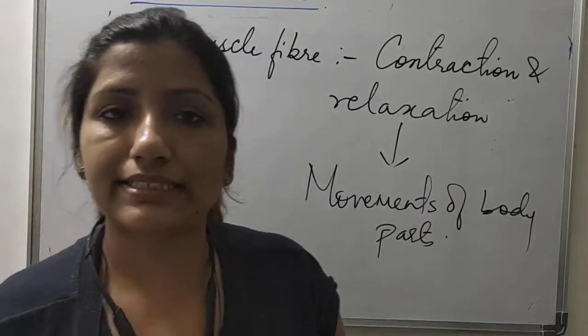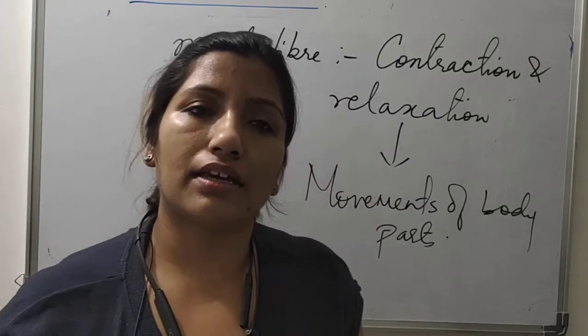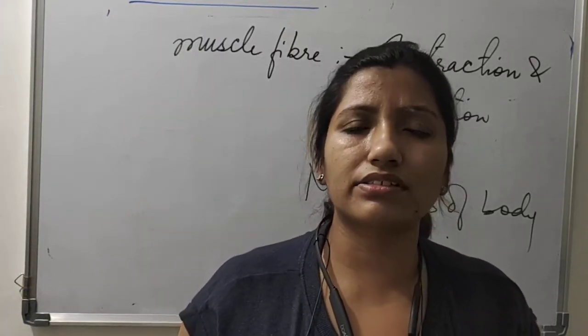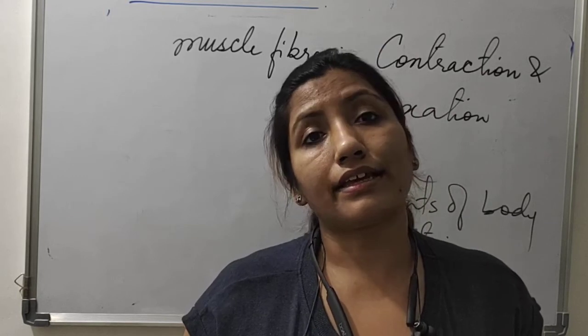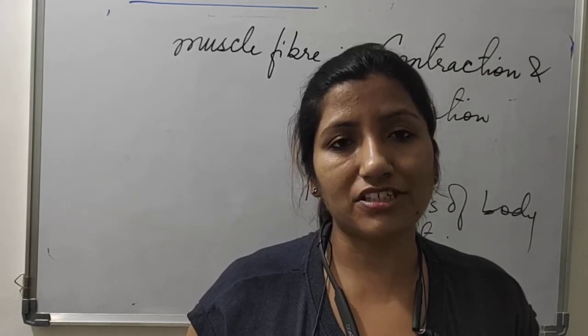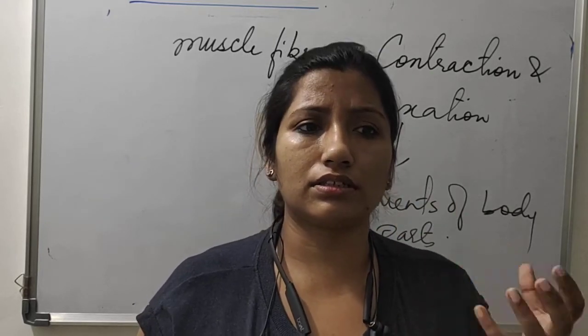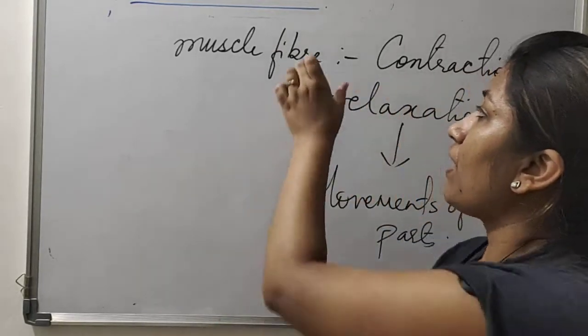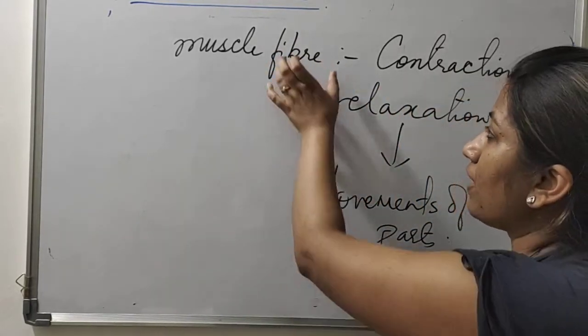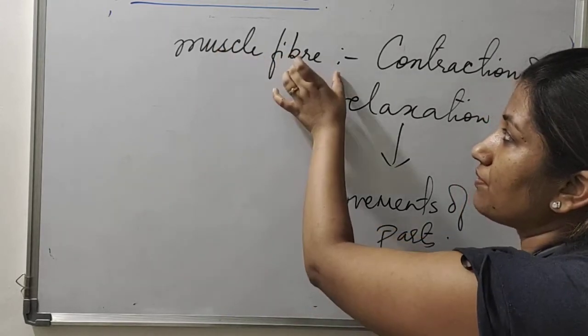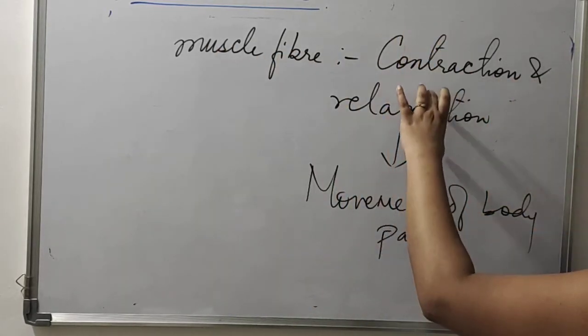So our hands, legs, and even our internal organs, muscles, they move, like our heart muscles, intestinal muscles. Our lips, eyes, all the muscle movements which take place in our body are due to that muscle fiber, which has a capacity of contraction and relaxation.